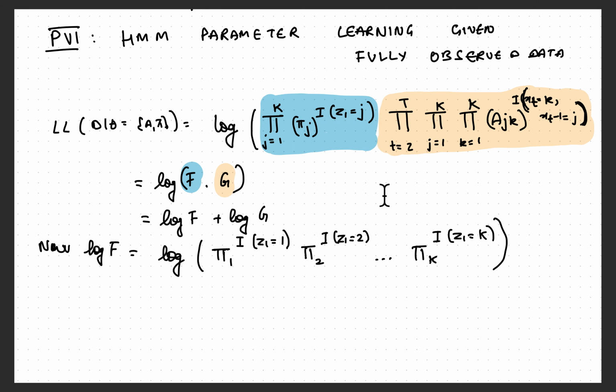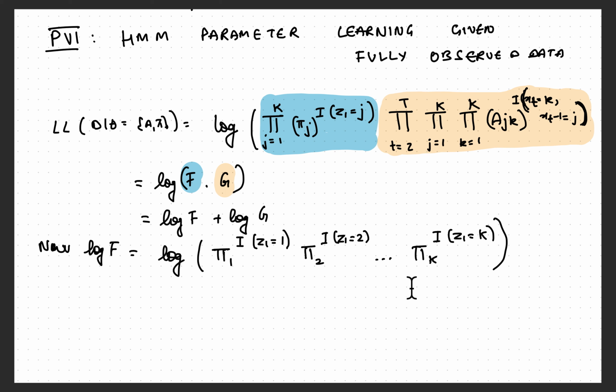Okay, so all I'm going to do is just expand this term F over all the different j's. I'm going to write it for j equal to 1, j equal to 2, and so forth. As you can see, it's a product of pi 1 raised to the identity Z1 equal to 1, pi 2 raised to the identity Z1 equal to 2, and so on till pi capital K raised to the identity Z1 equal to K. It's a product of capital K terms.